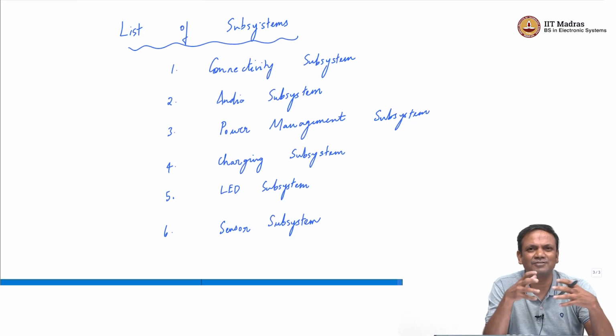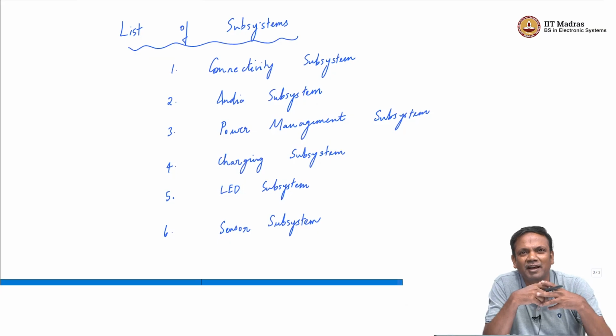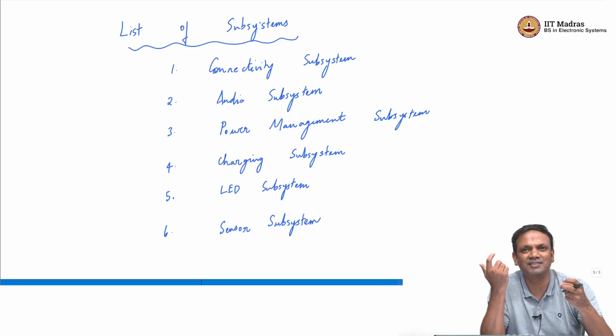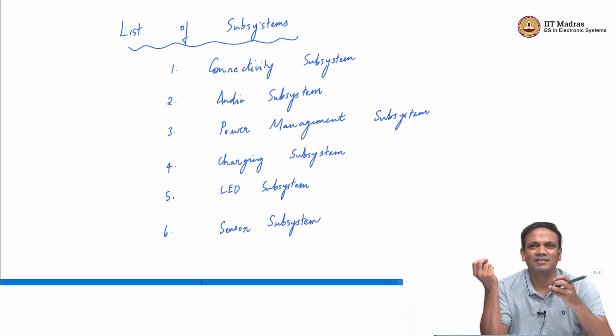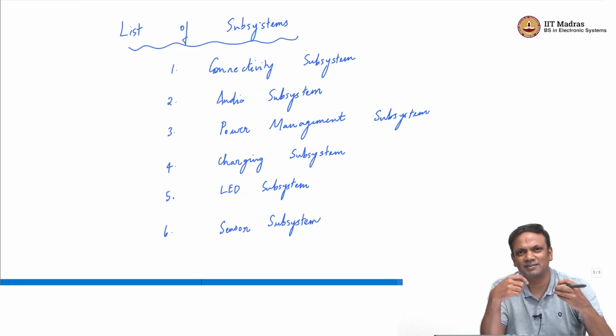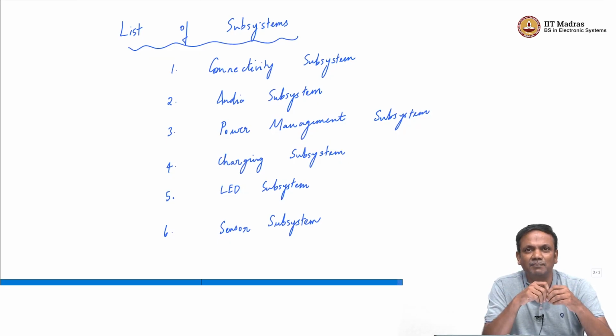And now if I have to put all of this together to make a product, what are the factors I should consider in my decision making? As an end user, what does a customer expect of me, the embedded system designer, in terms of the decisions I make? That's where we will go with this. So, we will start by trying to map out block diagrams for each of these subsystems.